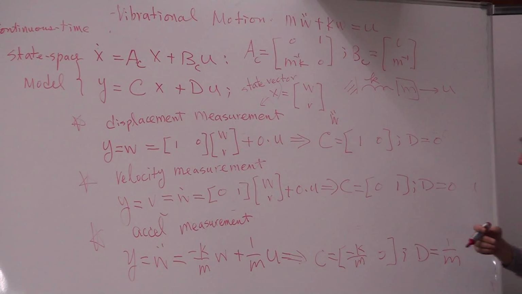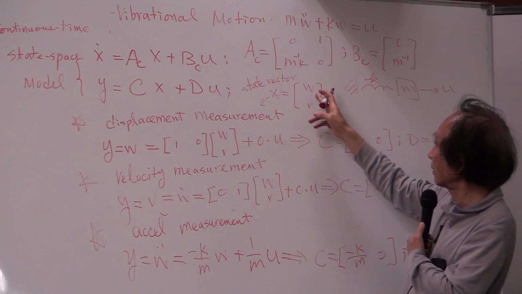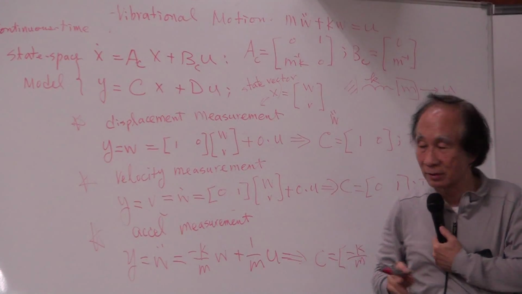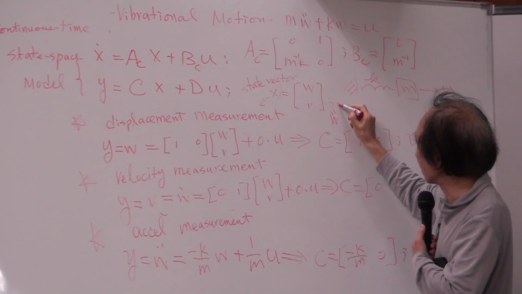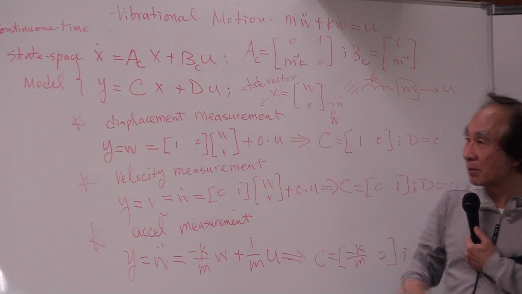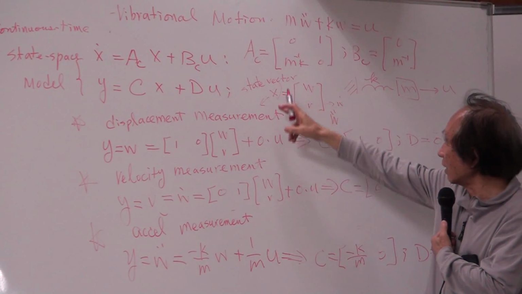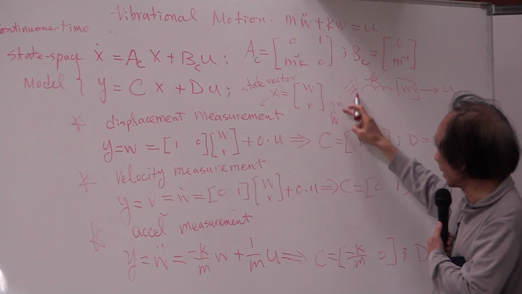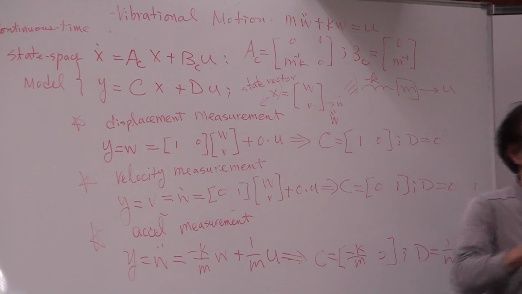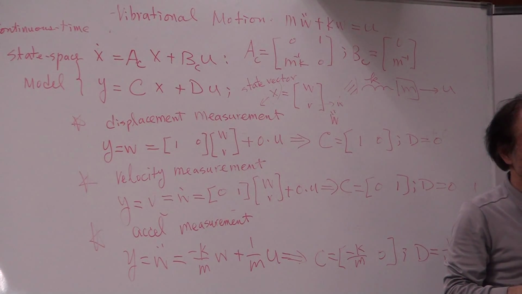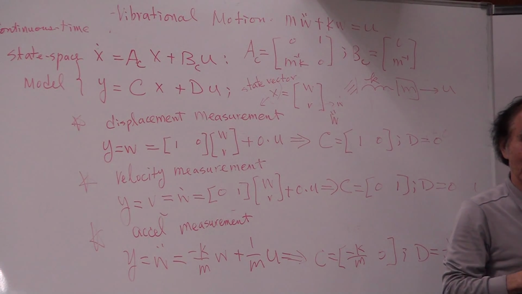How come a state vector only has W and V, and this V is W dot? How come I can't have a state vector with W double dot? Can I do that? No, because in a state space when you fix that vector, it will be zero triple dot.